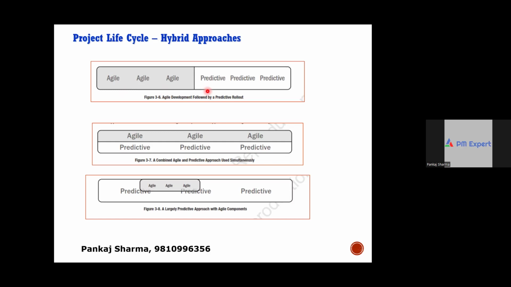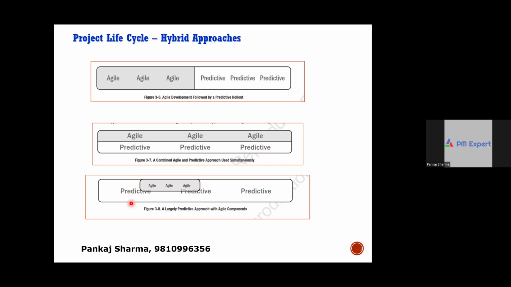So these are different situations where we use hybrid methods. Now, can you give me an example of a situation where the project is largely predictive with some components which are agile? We can have a project where the requirements are defined, but we can use agile methodologies like sprint meetings.